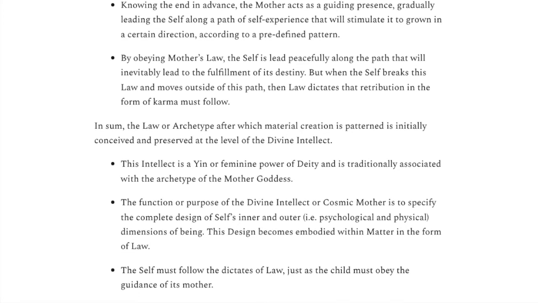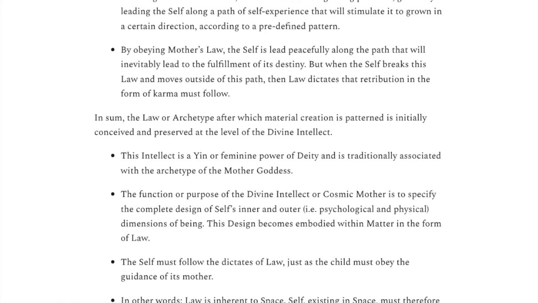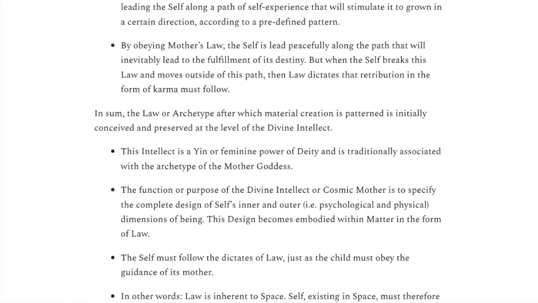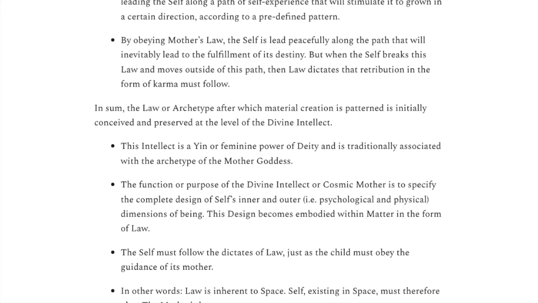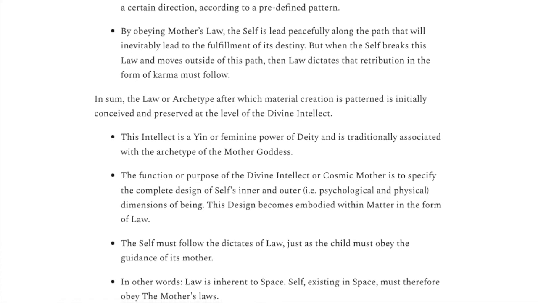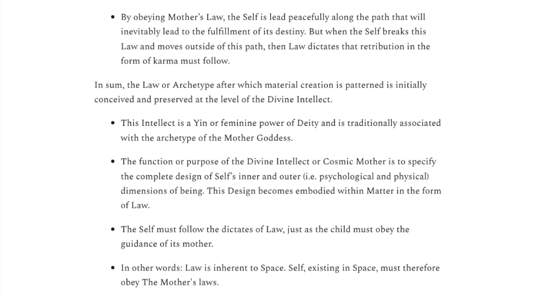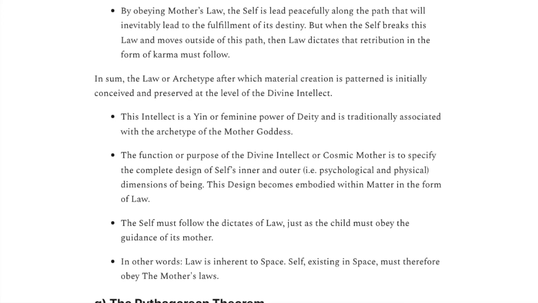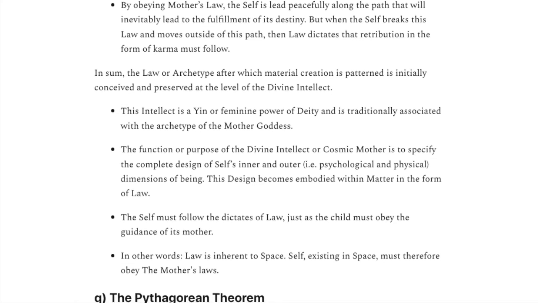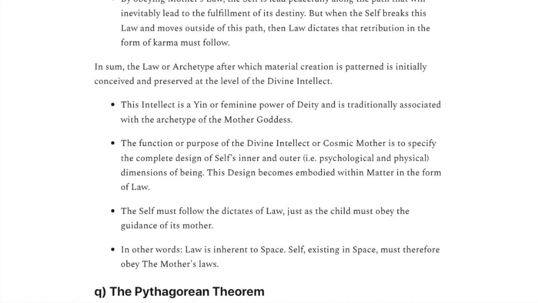This design becomes embodied within matter in the form of law. The self must follow the dictates of law just as the child must obey the guidance of its mother. In other words, law is inherent to space, and self, existing in space, must therefore obey the mother's laws.